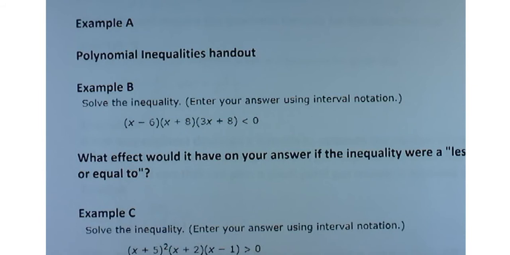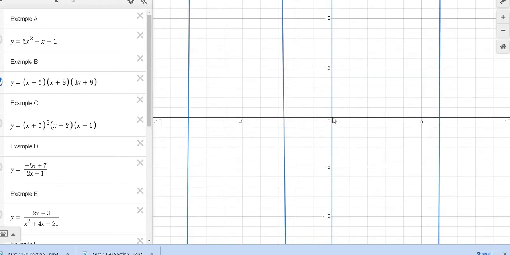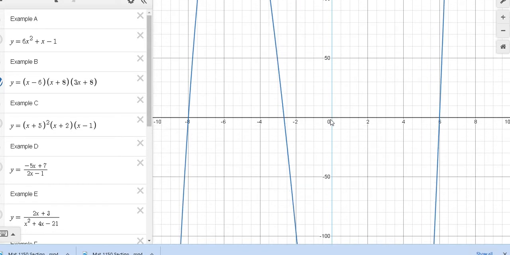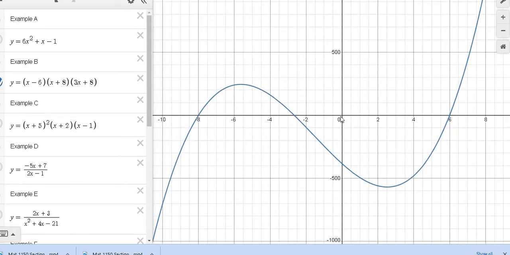Now, if you're pretty deft with decimals or your graphing calculator, you might be able to get a viewing window that is good enough to help you. So if I zoom in this way, actually I guess that's zooming out. Now that's pretty good. Now, you can kind of tell where this is going to be less than 0.